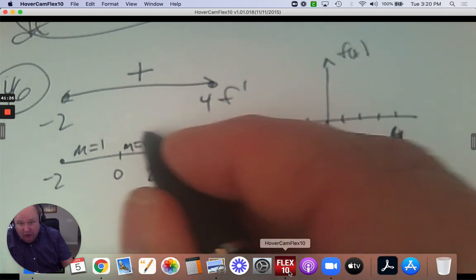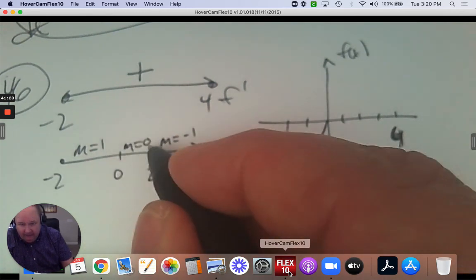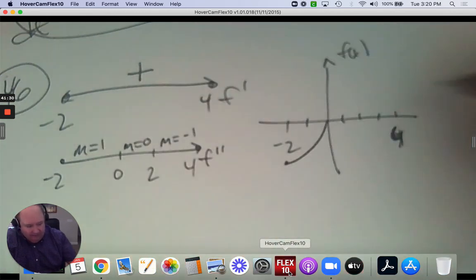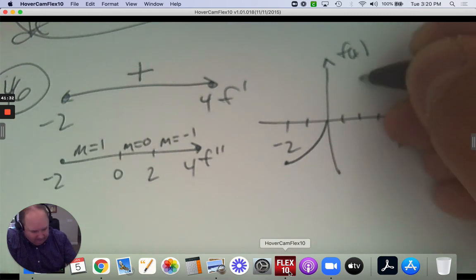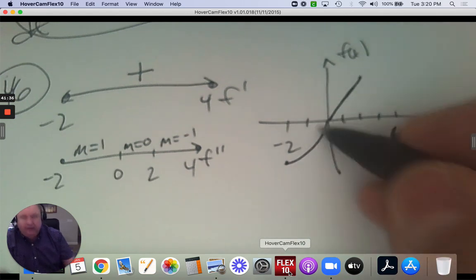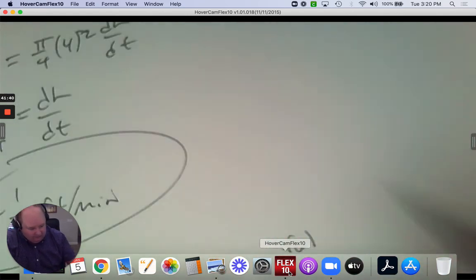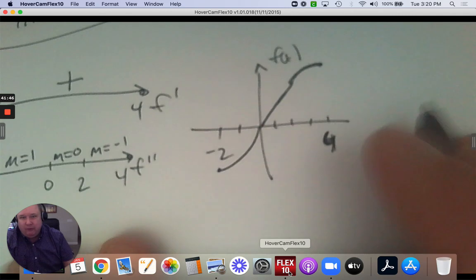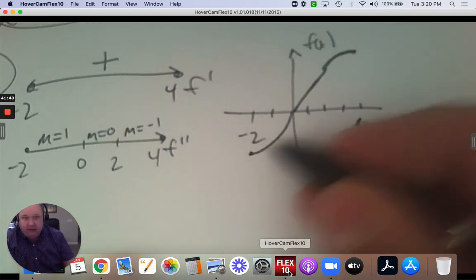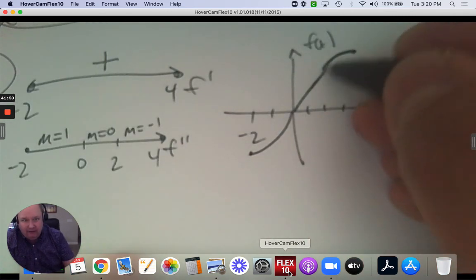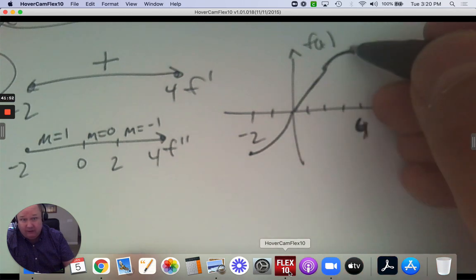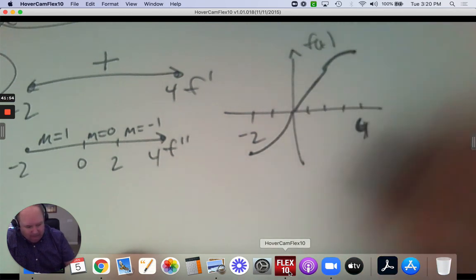Then 0 means no concavity, so the next part is going to be a line. A line has no concavity. And then the last part is going to be concave down. There's a possible graph of the function: concave up, no concavity, concave down, and the entire thing is increasing from -2 to 4.